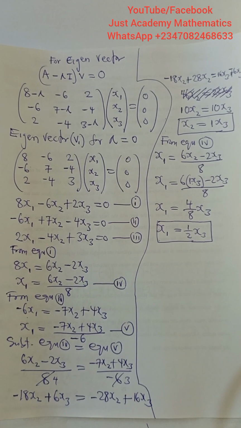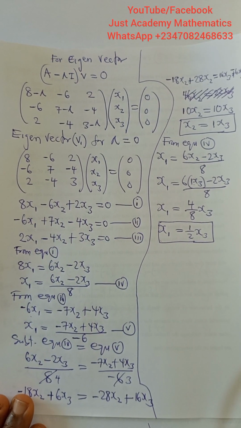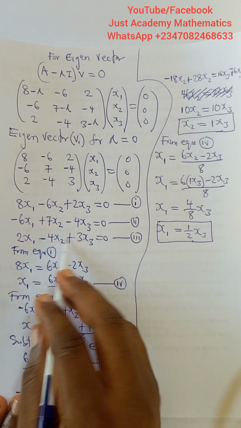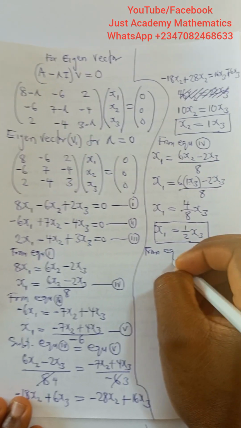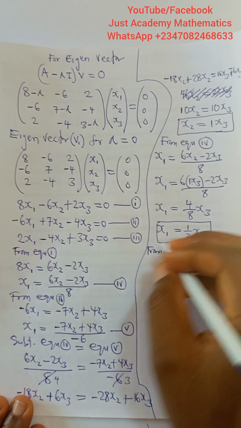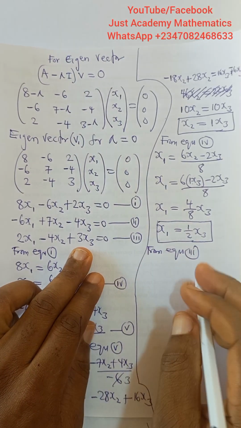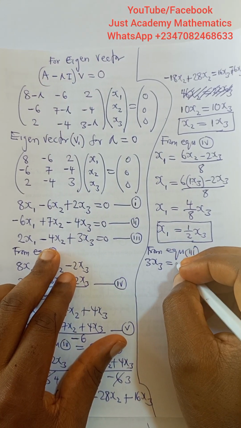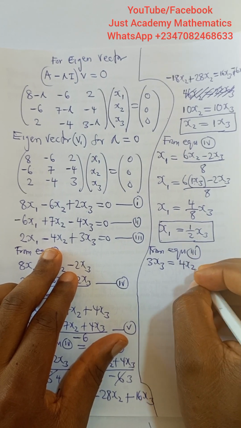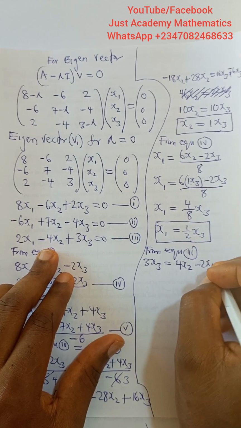The same way, you find x3 using any of the equations. We can say from equation 3, let's make x3 the subject. We have 3x3 is equal to 4x2 minus 2x1.